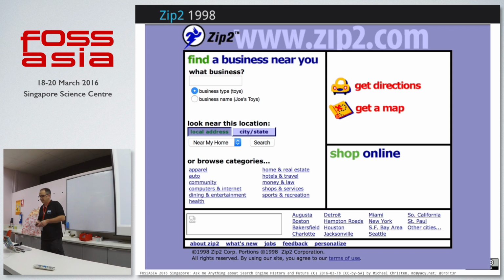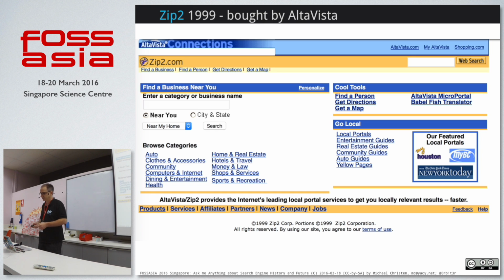Later on he created PayPal with this money, and PayPal was sold, and Elon Musk then founded SpaceX and Tesla. So this web page may be the root of the cause that people will settle on Mars and humanity becomes a multi-planetary civilization. So this is the beginning, and it was just yellow pages on the web. He had the idea to put all the information from the yellow pages into a search engine, and not to browse the yellow pages, but search them. Yeah, it was bought by Altavista, not Yahoo.